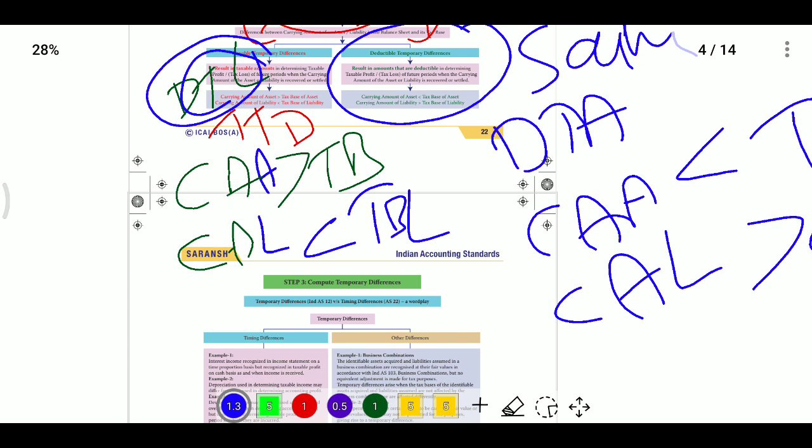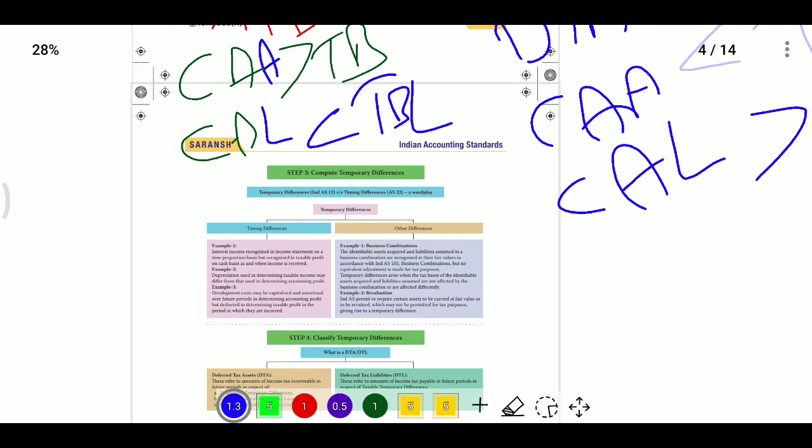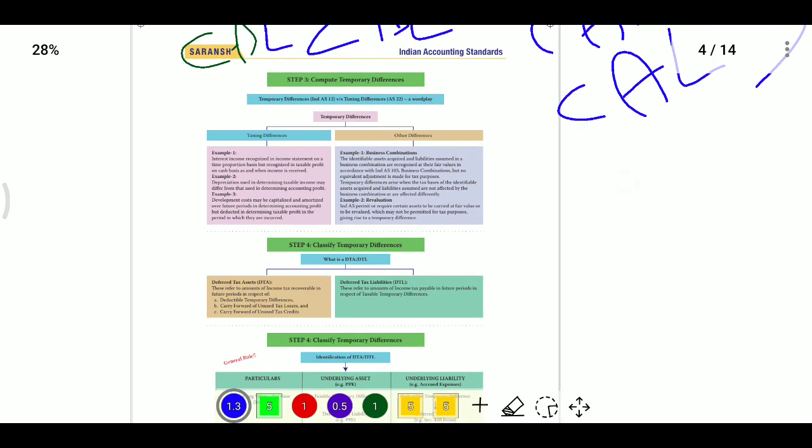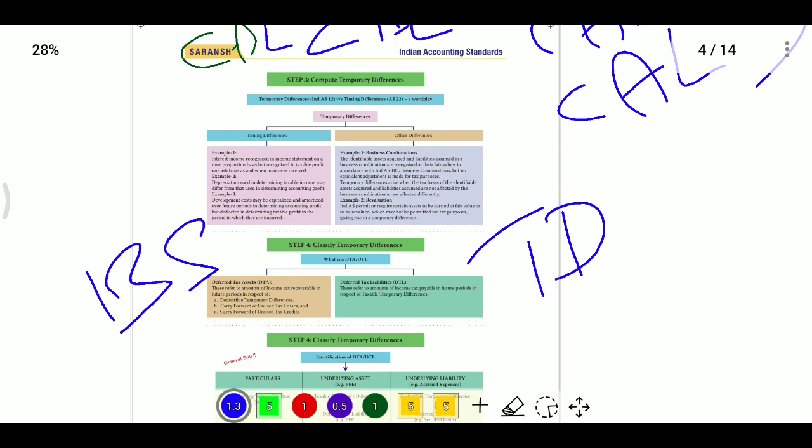Now once we have calculated this deferred tax, after the calculation of DTA or DTL, we need to check the closing balance of DTA or DTL that would appear in the balance sheet. So where will we disclose this deferred tax or deferred tax liability? In the balance sheet, whatever temporary difference we get is multiplied by the tax rate.